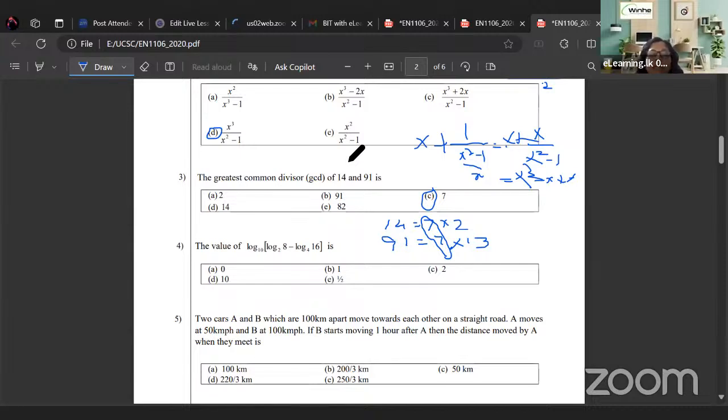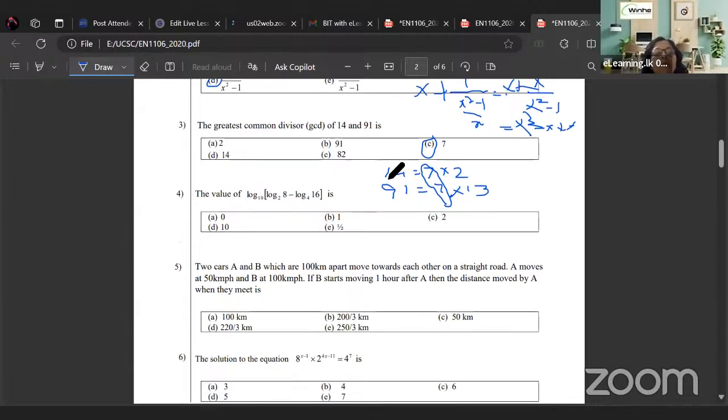Then multiply them, and you get the GCD, or greatest common divisor, of the numbers. Then if you move to question number 4, the value of log 10, log 2 8 minus log 4 16 is.